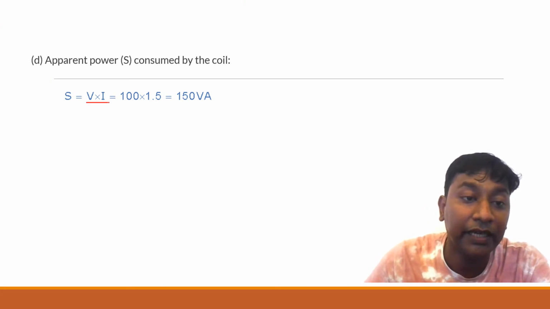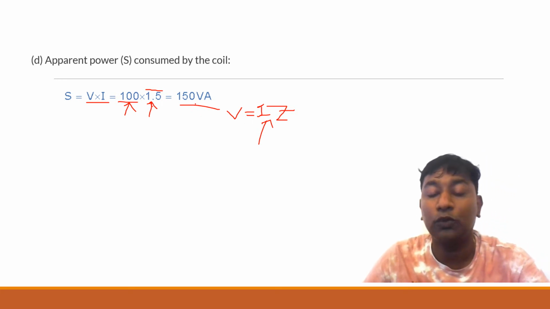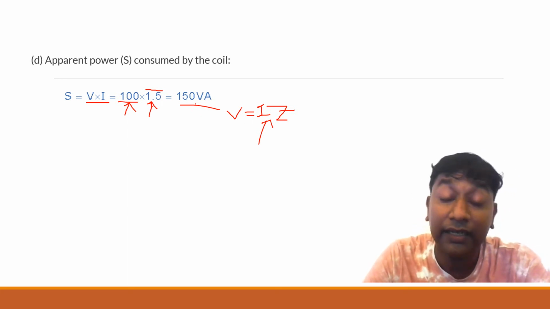VRMS equals 100, and IRMS we calculated just now, V equals I into Z, so I equals V by Z. Just now we put the value of I here, that is 1.5 we already calculated. So the apparent power is 150 volt ampere. It is a product of voltage and current.